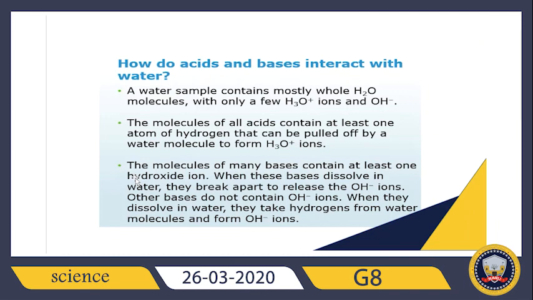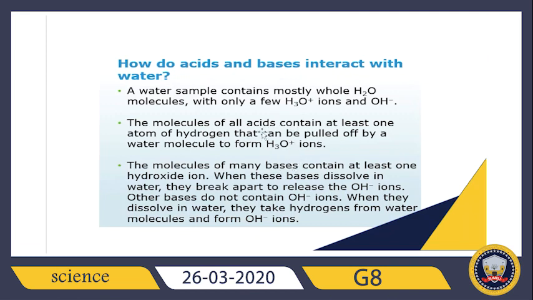Now once you add this acid into a cup of water, the hydrogen of this acid will be pulled off by a water molecule. It will be attracted by the water molecule, so the hydrogen will be added to the H2O, and it will result in the formation of H3O+, the hydronium ion.